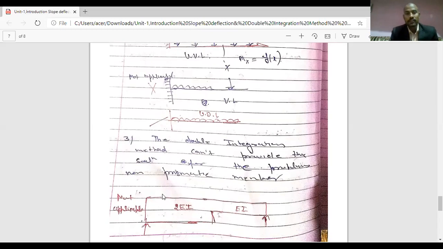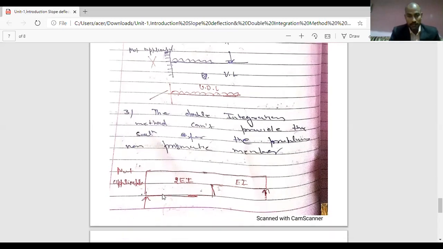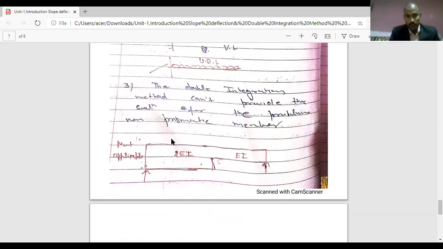Third point is the double integration method can't provide the solution for a non-prismatic beam. If we see this beam, it is a non-prismatic beam.